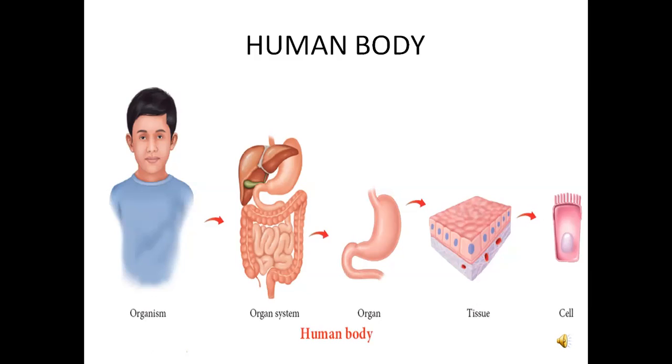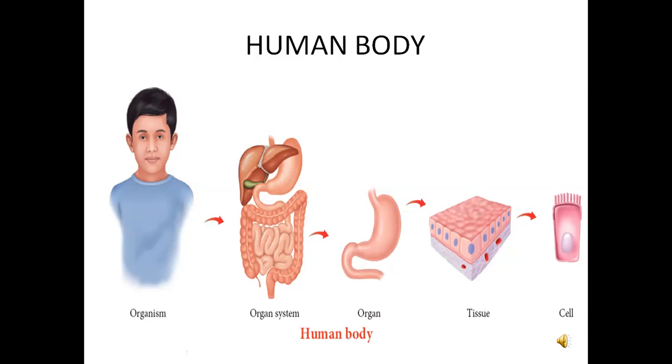Cell to organism: many cells function together to form tissues. Different tissues combine together to form an organ, and different organs form an organ system, which leads to the formation of an organism.